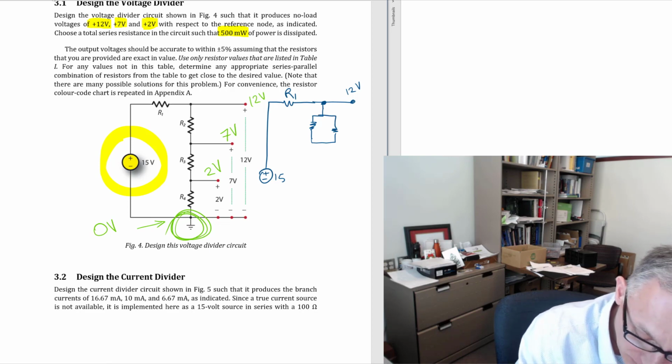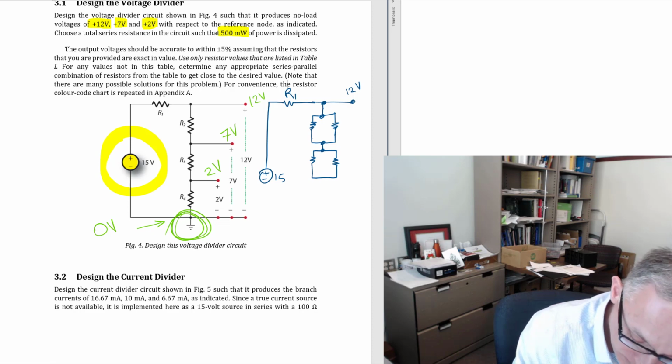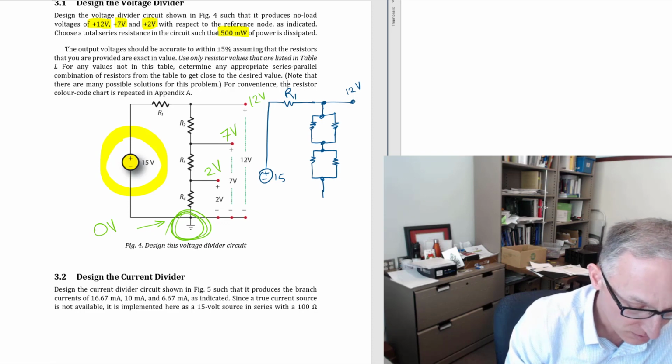You might have to put a couple of resistors in parallel. It could be a series parallel combination of resistors to get the right resistor value. And all of that could be R2.